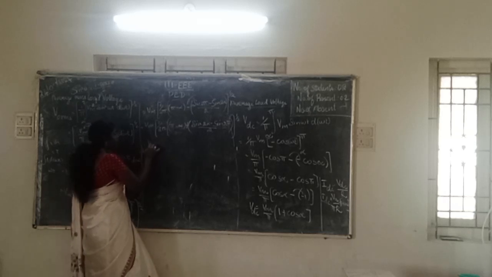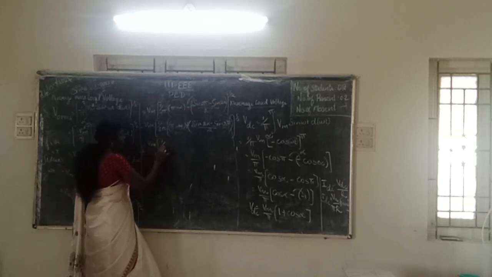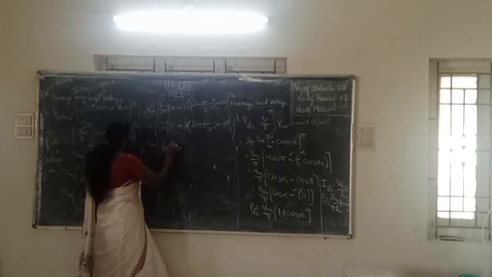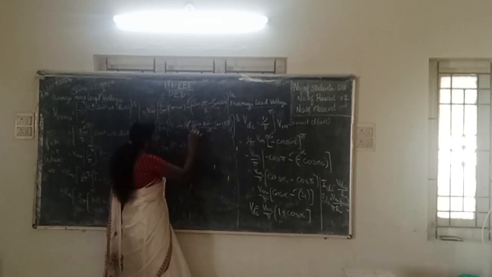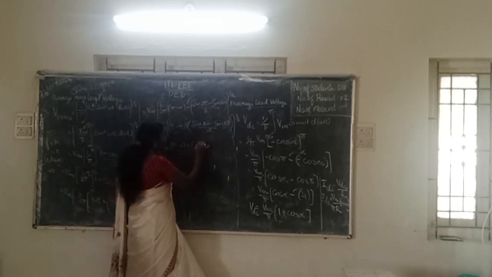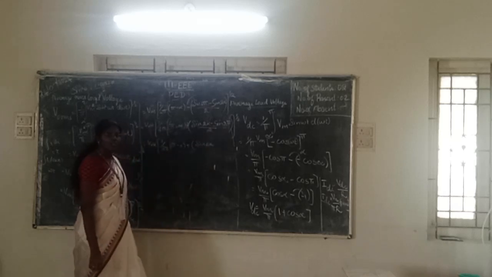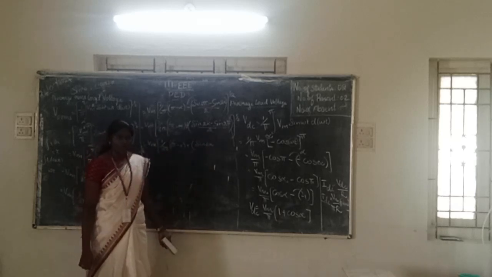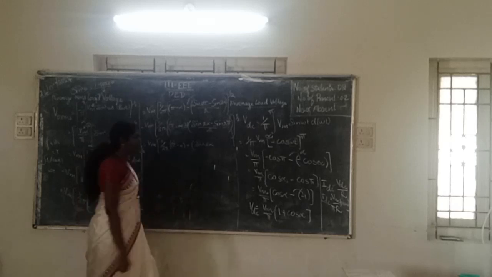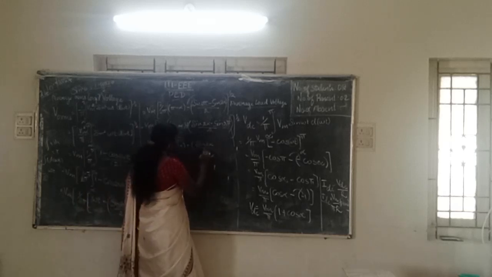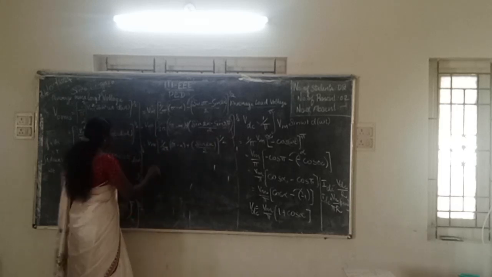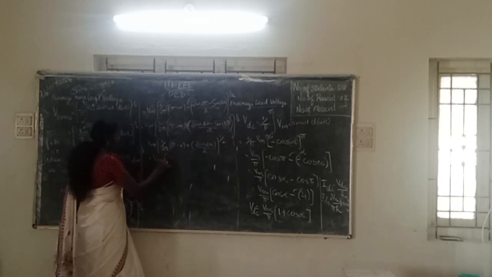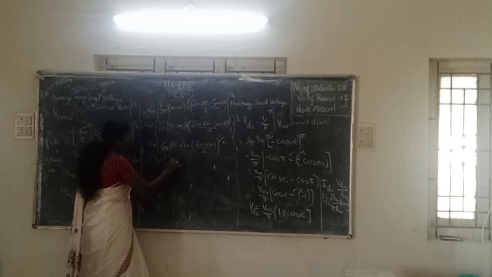Next, Vm into 1 by 2 pi of pi minus alpha plus sin 2 alpha. What is sin 2 pi? Zero. Sin pi is 0, so sin 2 pi will also be 0. So we have sin 2 alpha divided by 2, the whole power 1 by 2, that is equal to Vm into 1 by 2 pi.